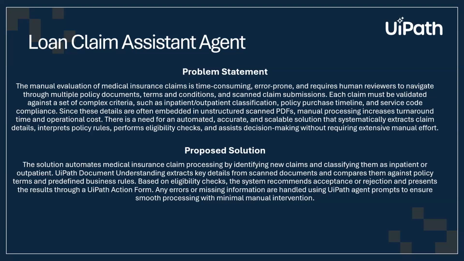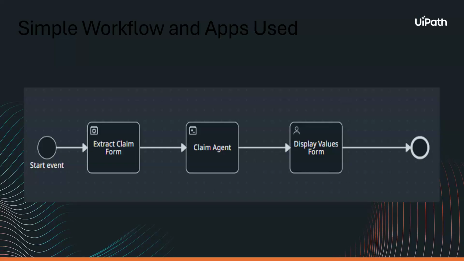And what we are doing as a whole workflow with the agentic process is, we'll be getting input files from the Orchestrator storage bucket, and we'll be extracting data from the files. And depending on the data which we are extracting, we are evaluating it against our input agreements and documents and data related to the decision making. And that we will be doing with the claim agent. And the extract claim form will be an RPA workflow completely created with our Cloud Studio platform.